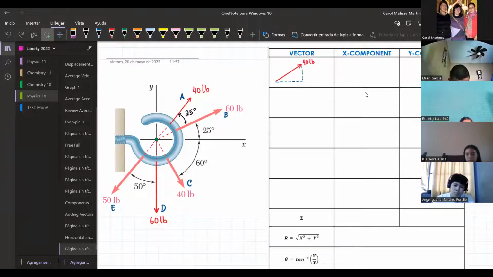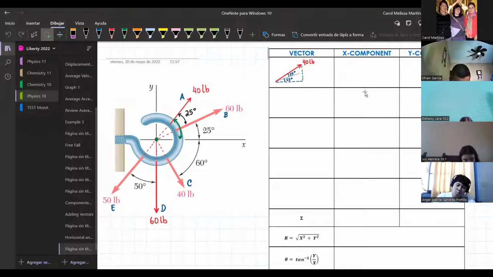Now, this first vector has, take a look, an angle of 25 degrees and another angle of 25 degrees. That's why I was telling you, the angle has to be taken, in this case, from the x-axis. To measure that, it's going to be all this angle entirely.